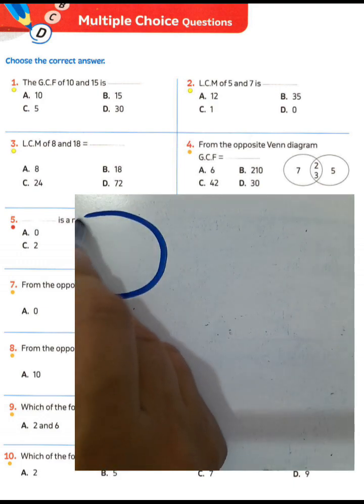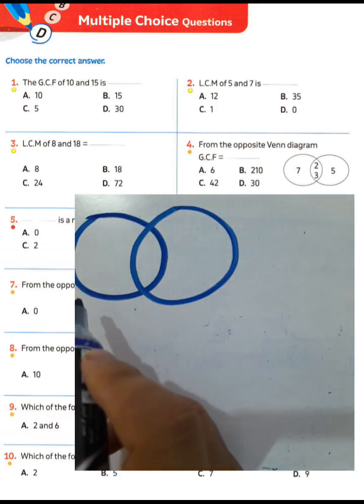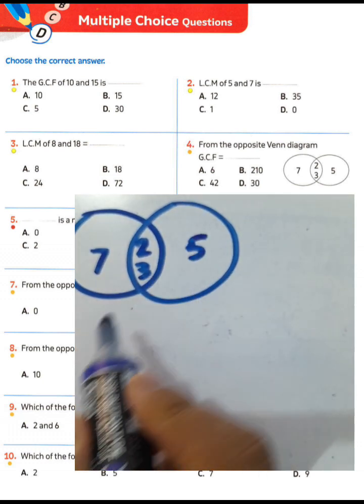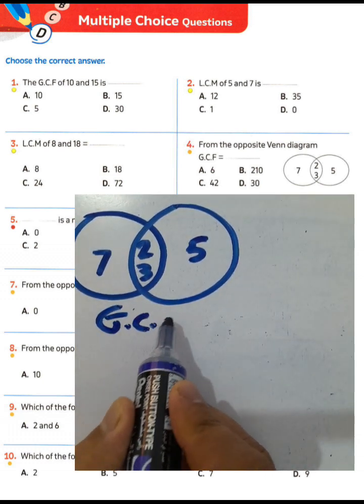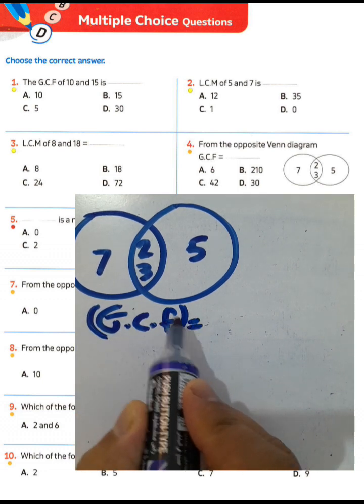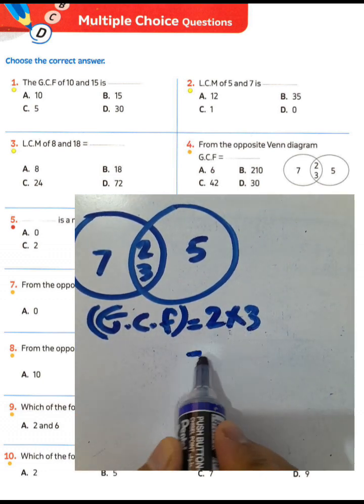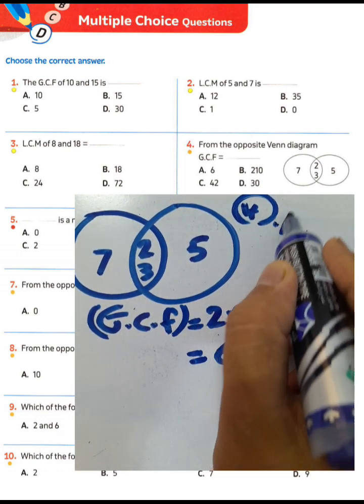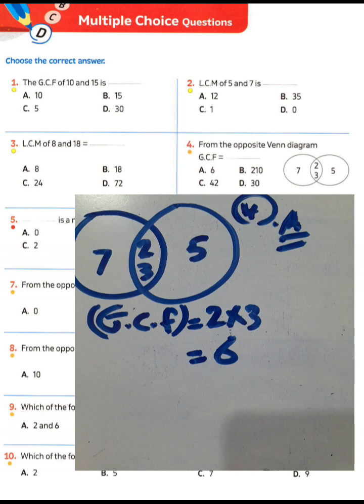We have here a circle and another circle here, and write 7 and 2 and 3 and 5. Greatest common factor will be 2 times 3. It will be equal to 6. Choose letter A about question number 4. The result will be A.